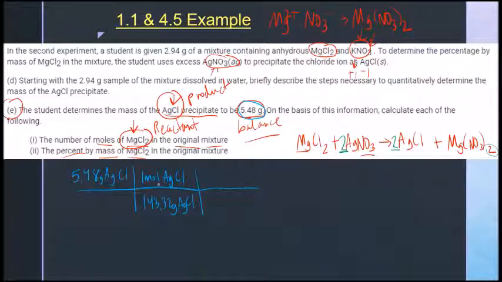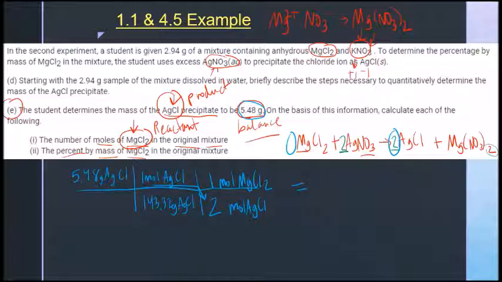The mole ratio, good. So I'm going to take the moles of the silver chloride and put them down here. And I need to go to moles of my magnesium chloride. Go over here to the balanced equation. 2 moles of silver chloride equal 1 mole of magnesium chloride. Now that I have that, I can do my calculation.